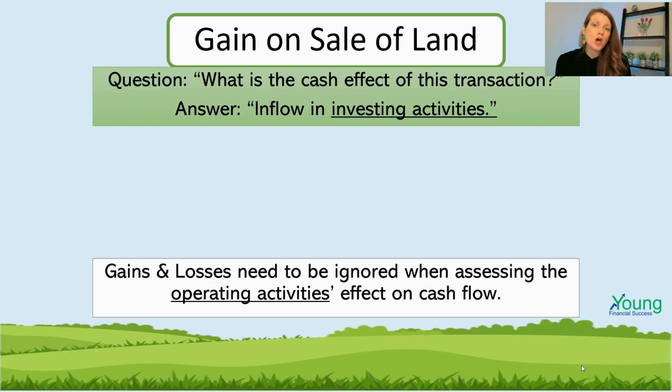So gains and losses that were related to that, they actually need to be ignored in the operating activities. So even though on the income statement it shows this gain of $7,000, we don't want to put that in the operating activities because all $17,000, whether there's a gain or a loss, all $17,000 coming in from the sale would be reflected in investing activities.